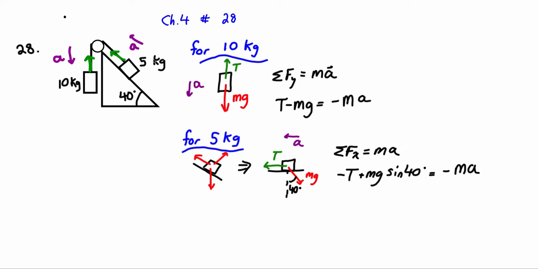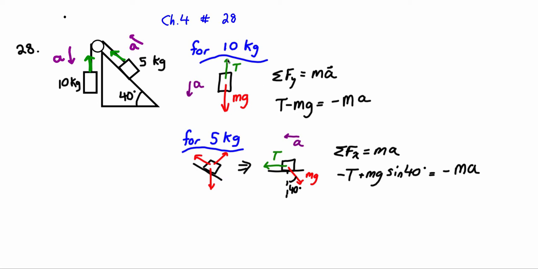So since these are the same, I can isolate my 10 kilogram mass and set up an equation for that mass. I'm using the formula summation of forces equals mass times acceleration. Since the 10 kilogram mass is all in the y direction, I'm only going to sum the forces in the y direction, which gives me my tension going up.